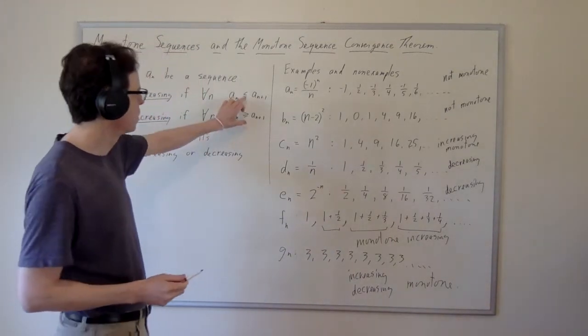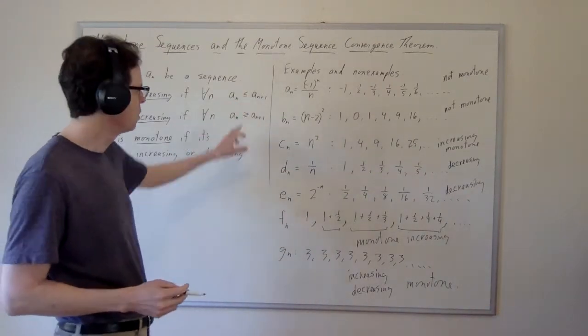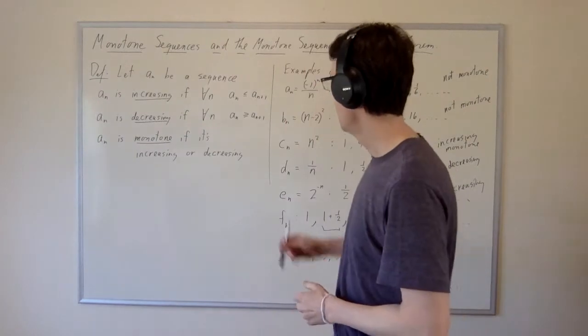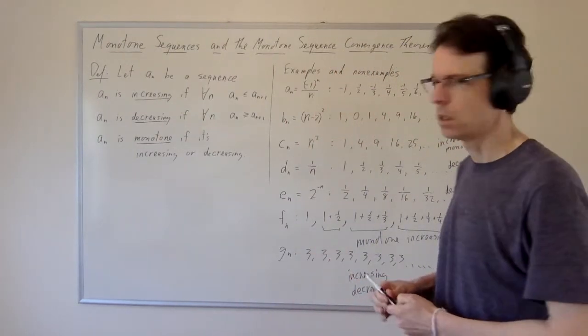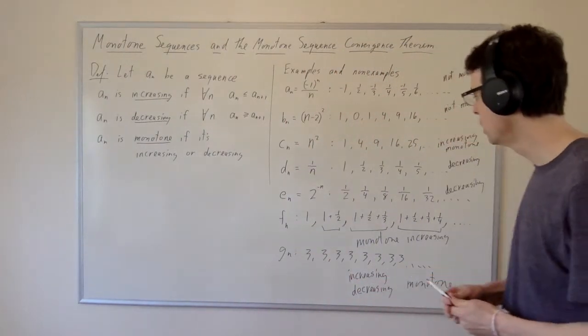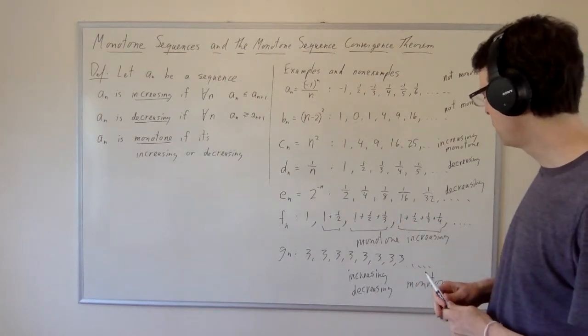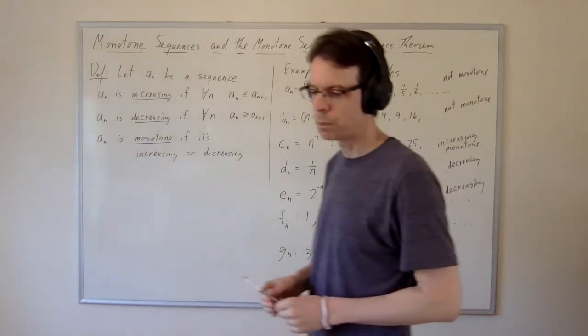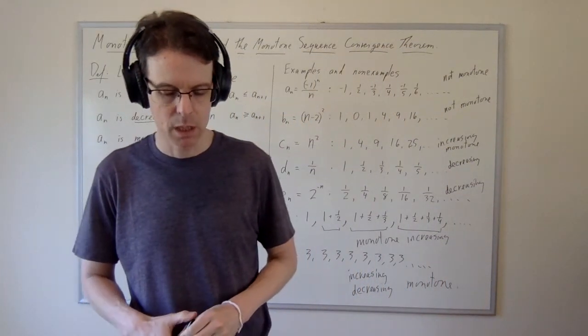So this really is the right way to phrase it. You might think it would be more natural to use a strict less than and a strict greater than, but it would give us extra complexities and exceptions later that we don't want to deal with. So this is really the right definition. So these are some examples, and hopefully we showcase what monotone really means.